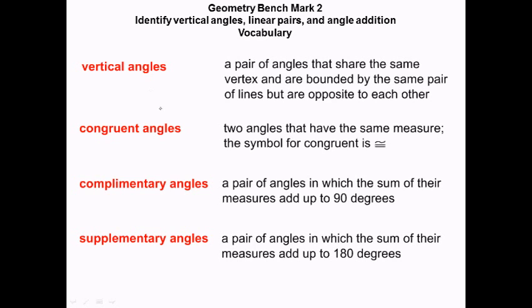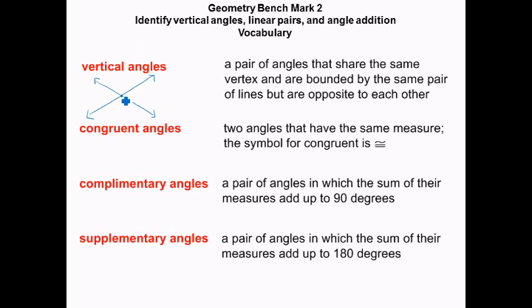And what happens when you have vertical angles is if you get two lines and they intersect. They don't have to be lines, it can be line segments or rays, but as long as they crisscross and they make an X, that's when you get vertical angles.